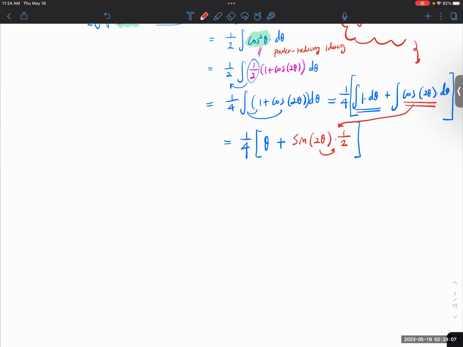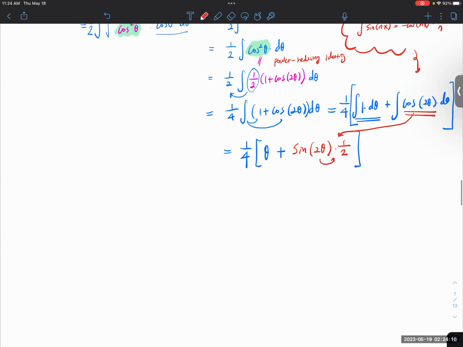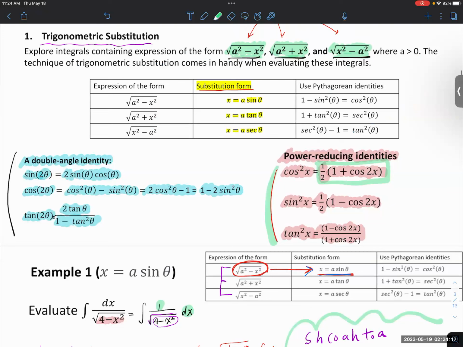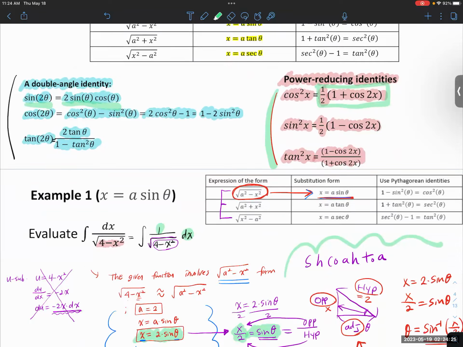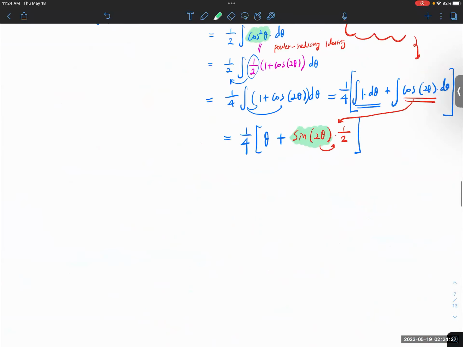One thing you can also do, I'm going to highlight it: sine 2 theta, if you go up a little bit, is the same as 2 times sine theta. You can reduce down the 2 theta to 1 theta. Okay, let's use the double angle identity here. So one more time, sine 2 theta is the same as 2 times sine theta cosine theta, correct? And I do have here 1/2 theta.